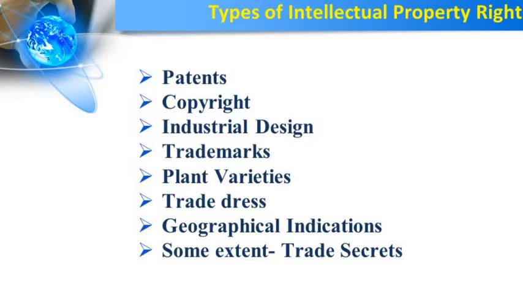In European law, the term industrial property is sometimes used to refer to a wide range of intellectual property rights, including patents, trademarks, industrial design, utility models, service marks, trade names, and geographical indications.